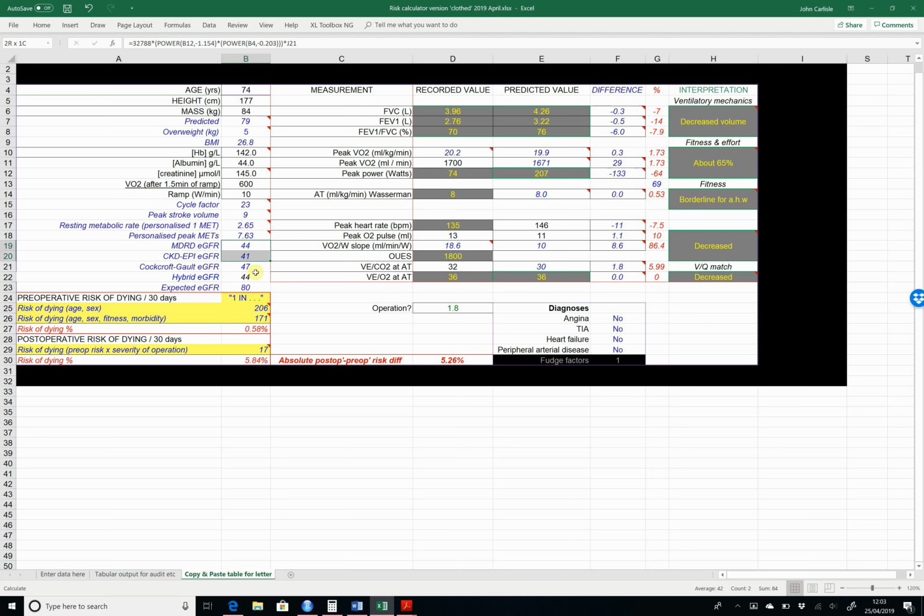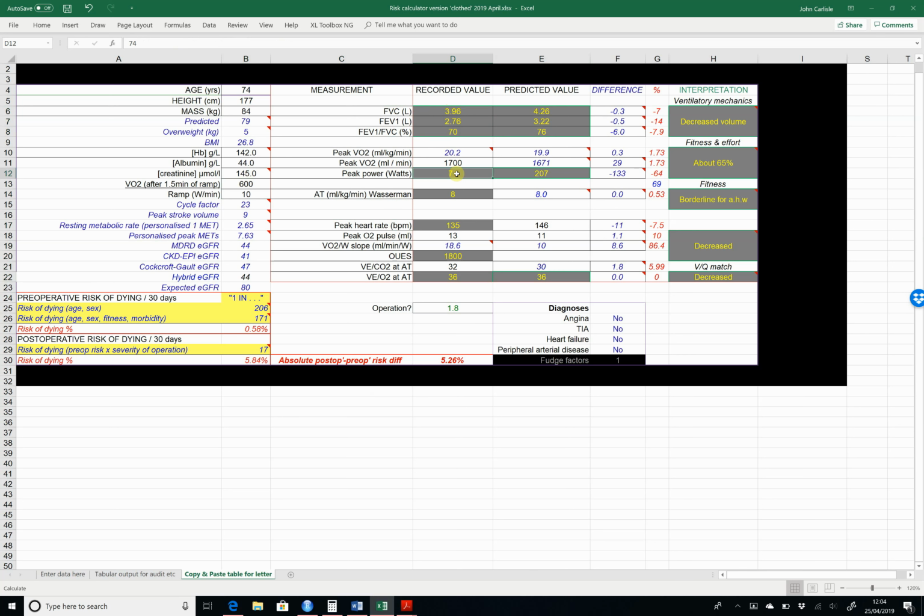The variables that one would need to put into this sheet are in yellow, and in fact these two here should be in yellow. I'll have to change that. Put in the spirometry values that you measure before the test is done.